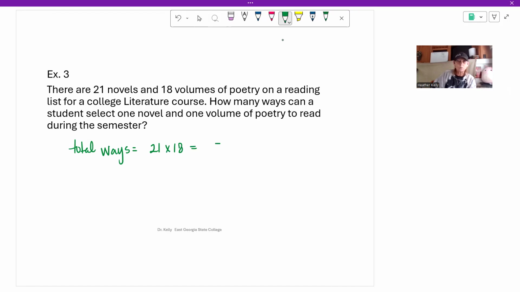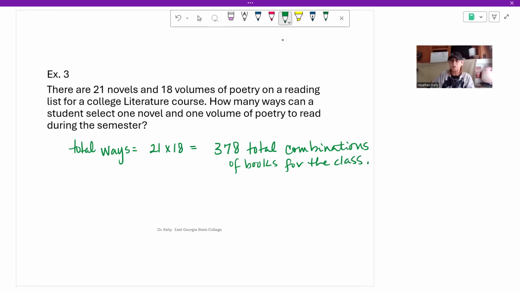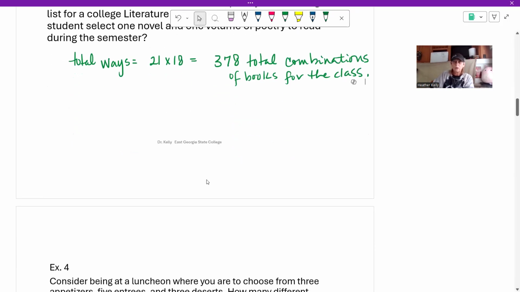So that becomes 378 total combinations of books for the class. You want to write me some kind of sentence so that I know that you know what you were talking about. Okay. All right.